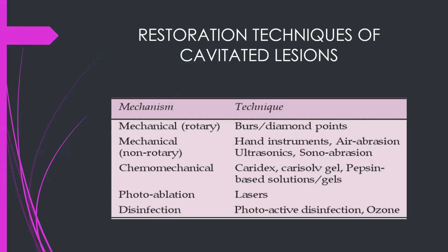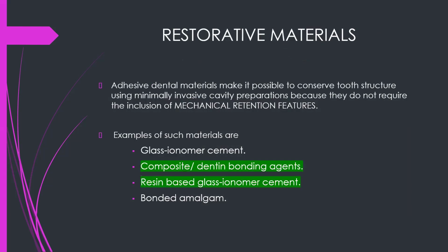If you're looking for chemico-mechanical method, it can be Caridex, Carisolv, and pepsin or papain based solutions or gels. If you're looking for photoablation, there are lasers, and if you want to disinfect the cavity and arrest the caries, you have photoactive disinfection and ozone. So if you're answering based on restoration techniques, you can use this table.